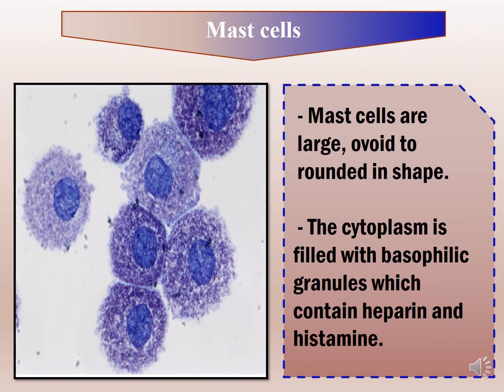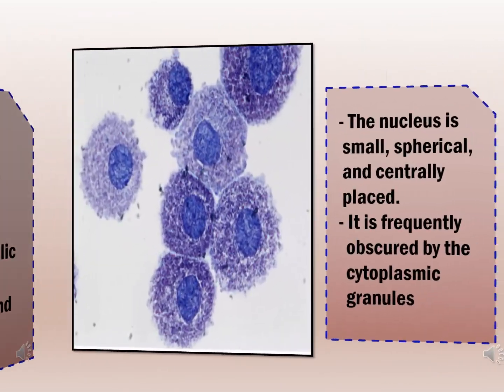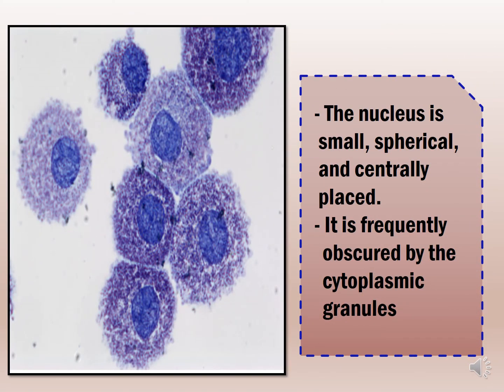Other types of cells are mast cells. These are large, ovoid or rounded in shape. The cytoplasm is filled with basophilic granules which contain heparin and histamine. The nucleus is spherical, small, and located in the center of the cell.